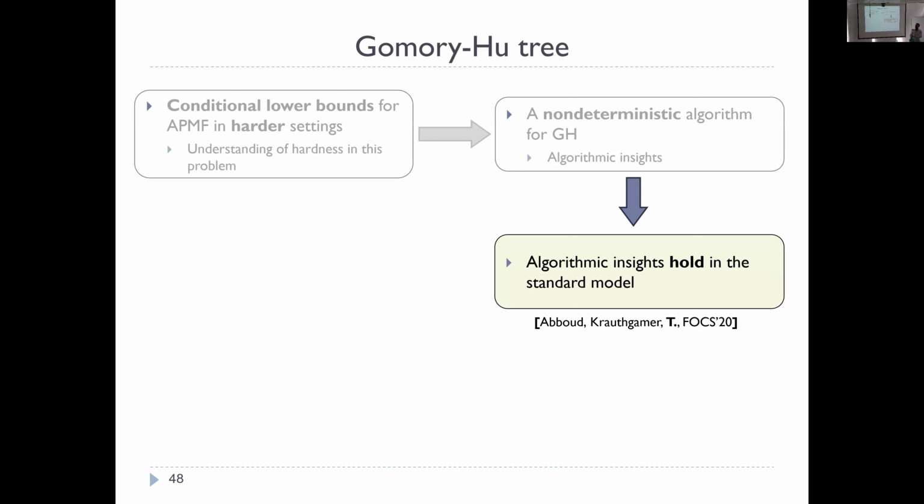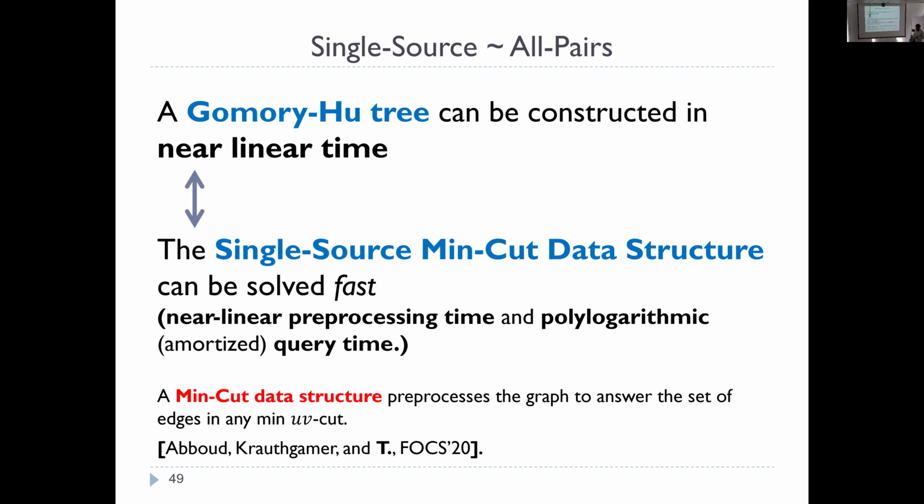So now we talk about just algorithms, not non-deterministic algorithms. We showed an equivalence: if solving all pairs max flow, so finding the data structure for all pairs max flow, can be done fast, then also single source max flow can be solved fast.